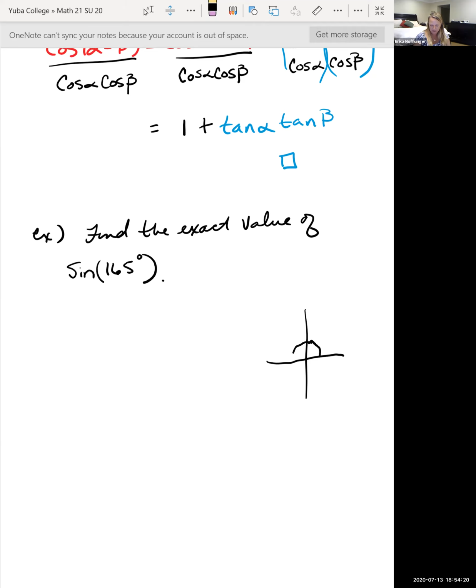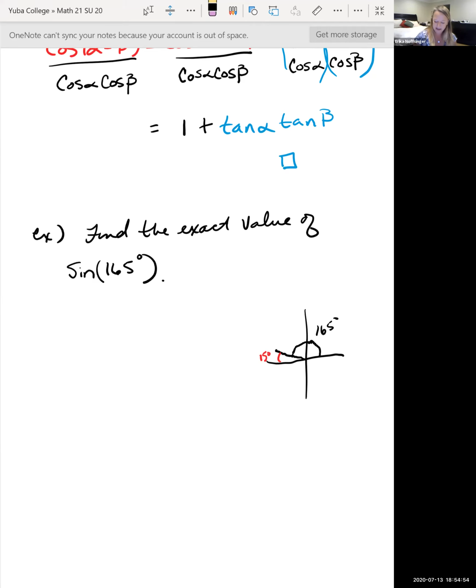So 75 degrees, that's 15 degrees to 180, and I don't know what the angle of 15 degrees is. But I know 30 degrees, and if I multiply 30 by 2, I could think of this as a half angle. There are multiple ways we can do this.